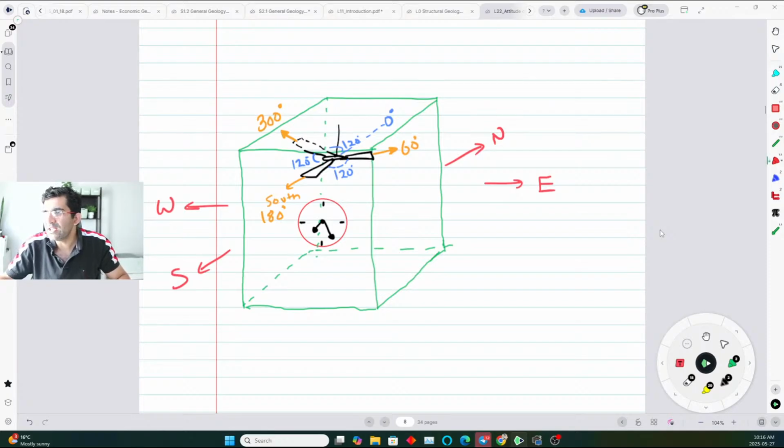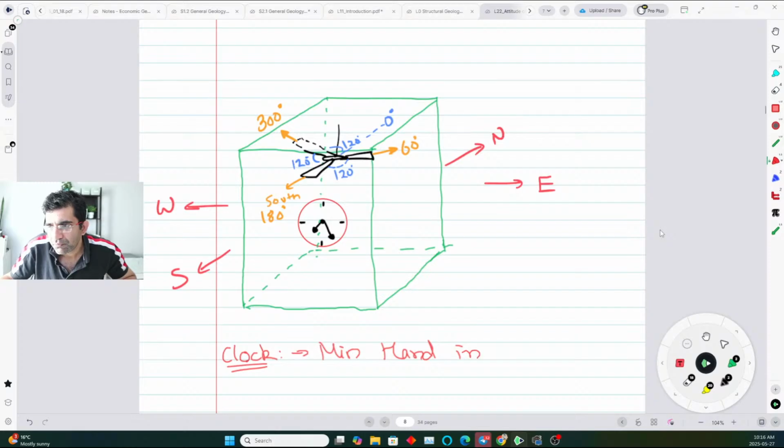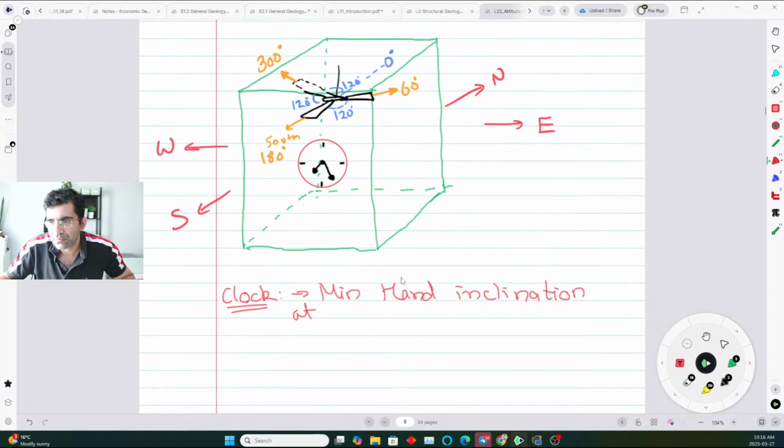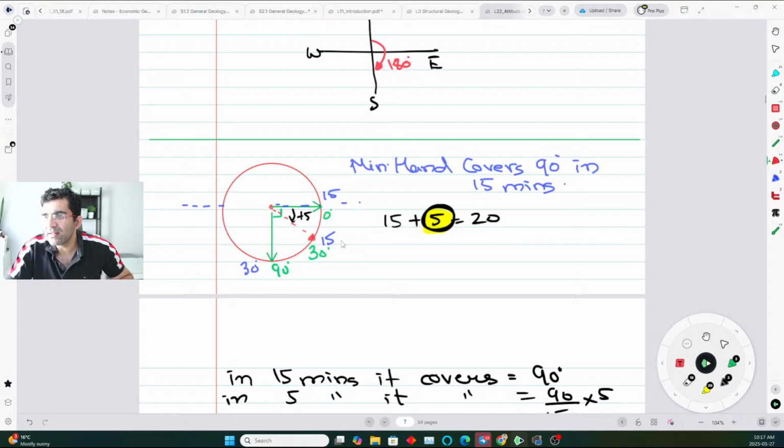So what was the inclination of the clock? We found it to be 30 degrees. It was simply this angle, because inclination is measured with respect to horizontal and the clock is on a wall.